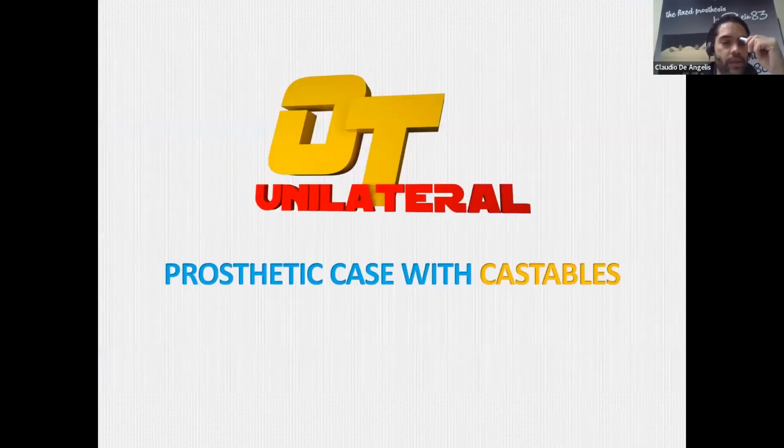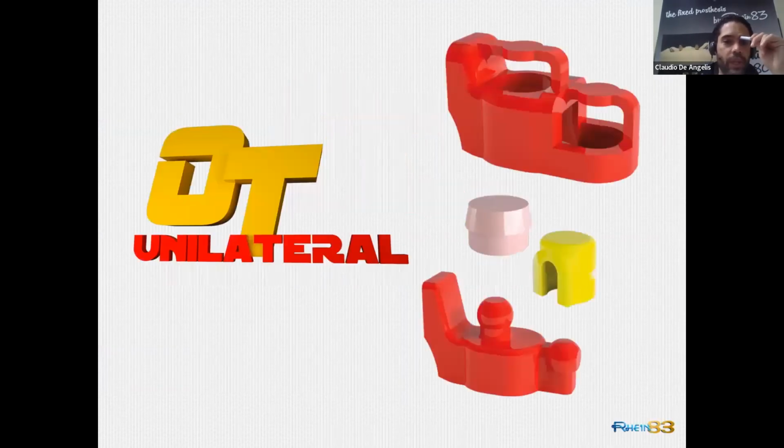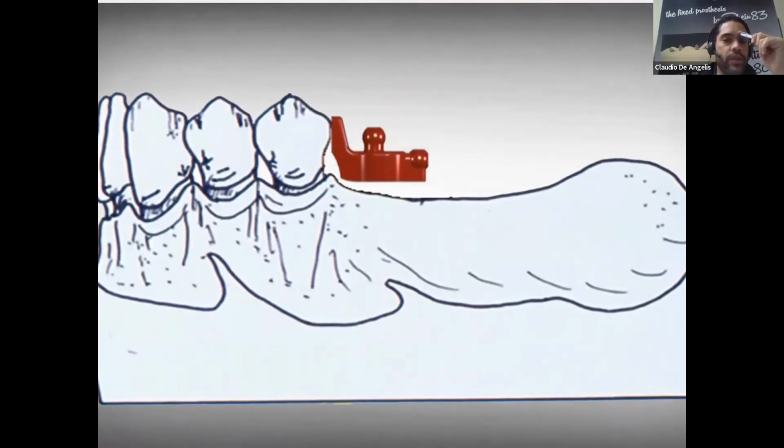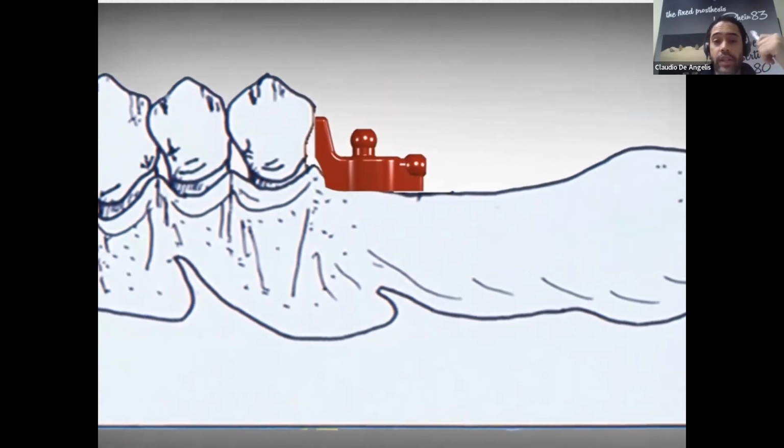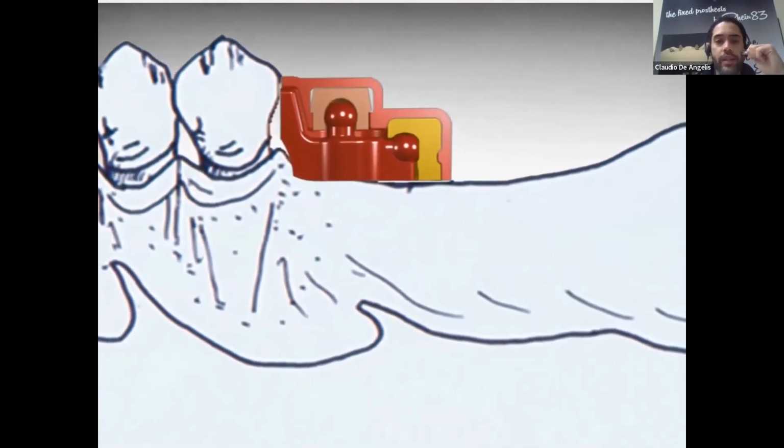Let's talk about the second attachment. The OT Unilateral is very smart, and this is available only in castable, but it is a very smart attachment because you use it as a unilateral attachment, so on only one side.